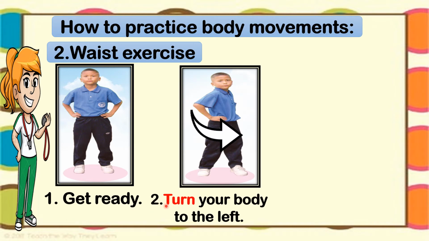And the second thing that you should do is turn your body to the left. Just like in this direction, this is your left part. You need to turn your body to the left.